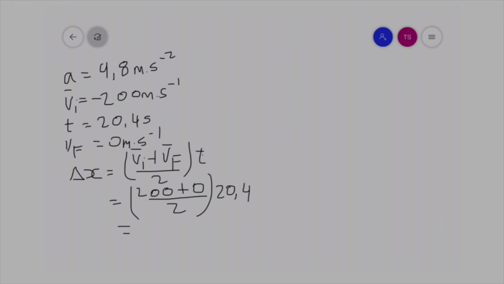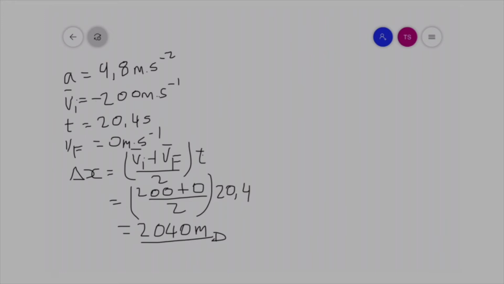Now 200 divided by 2 gives me 100, times 20.4, it will give me 2040 meters, right? 2040 meters.